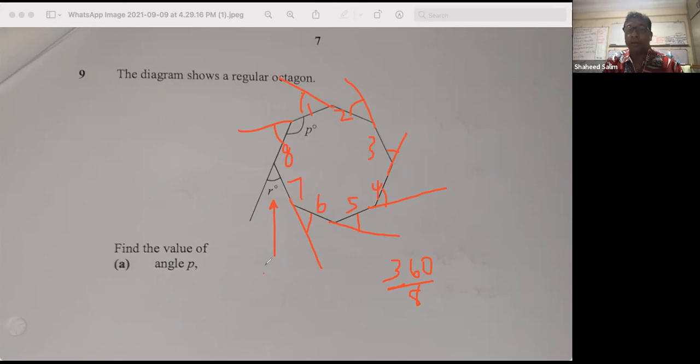Inchi, this one is 45, the outside angle, not inside. Inside can be bigger than 90. So if this one is 45, what's the inside one? Very simple. Look at this. It's a straight line. If this one is 45, inside is 180 minus 45, 135. So Inchi, you remember a little bit.